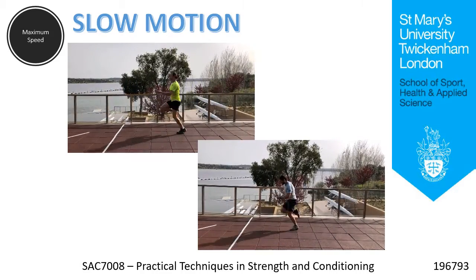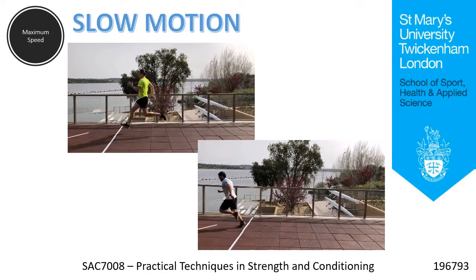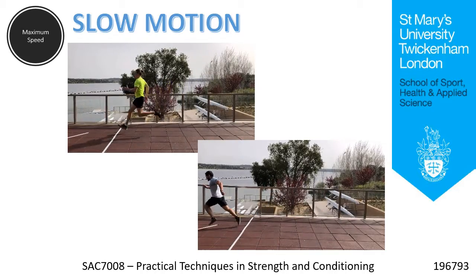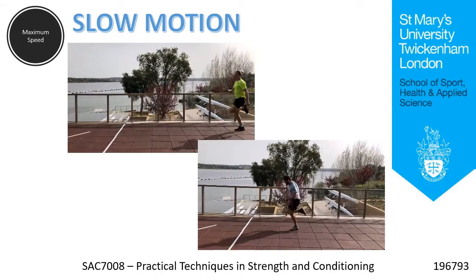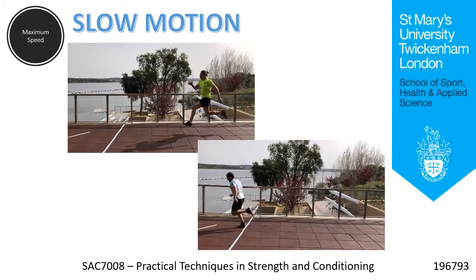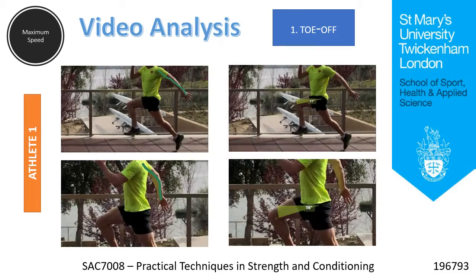On the contrary, athlete number 1 performs that particularly well. Even though he presents an excessive arm swing, it does feel like he's propelling himself forward way better than athlete number 2. When we break down the movement of athlete number 1, we can see his thigh almost at 90 degrees and the excessive arm swing that we noted in the slow-down video.